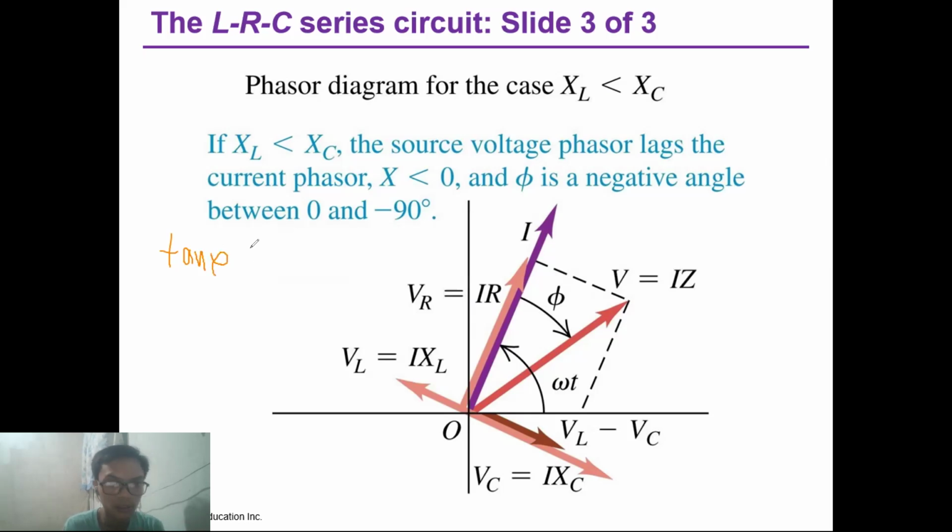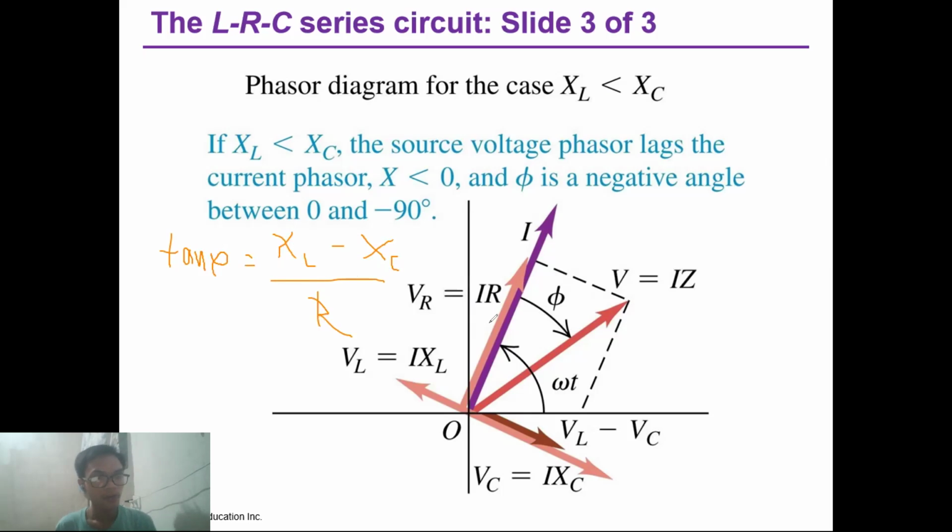The phase angle is equal to x sub L, the inductor, minus x sub C, the capacitor, over the resistor.